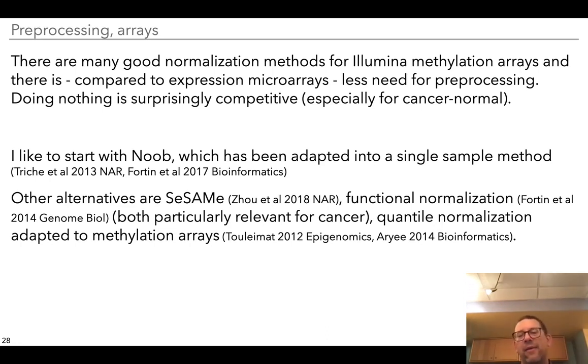And then we, and other people, have come up with an adaptation of quantile normalization to methylation arrays. I'm mentioning this because I use this method if I really want to potentially even over-normalize the data. I may be in a situation where I really want to make sure that the signal I found is real, and I would rather normalize too much than too little.